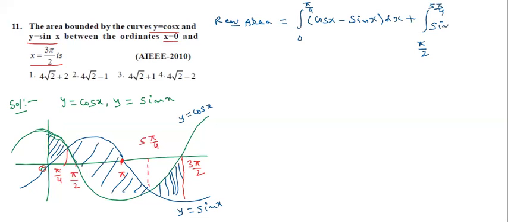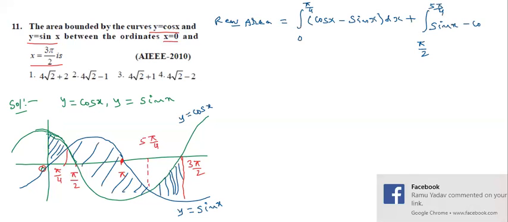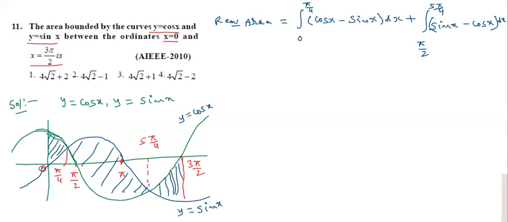Sin x, lower curve cos x, dx. Upper curve minus lower curve, plus the last area. Here the area is below the x-axis, so take that negative integration. What is the limit here? 5 pi by 4 to 3 pi by 2. Here, what is the upper curve? Cos x, lower curve sin x. Cos x minus sin x dx.